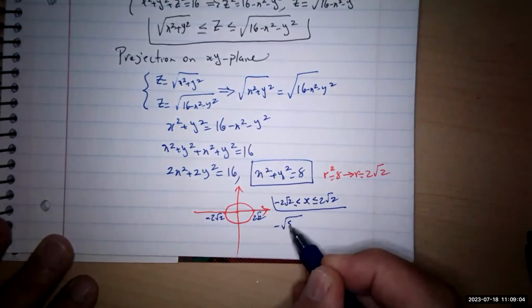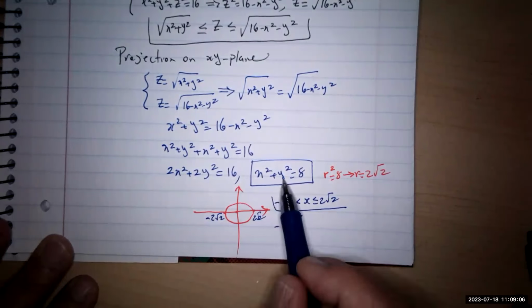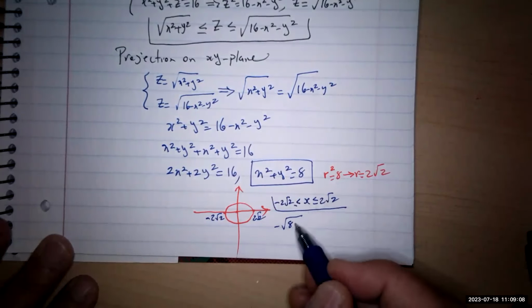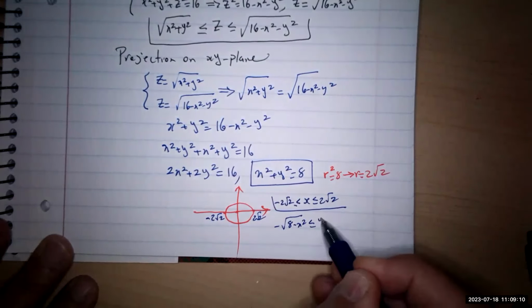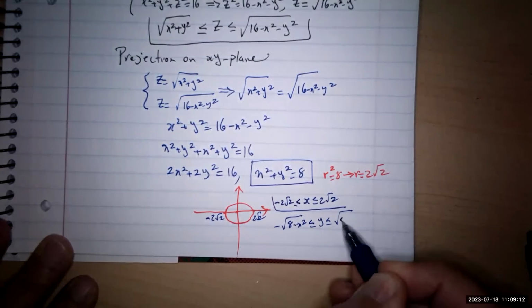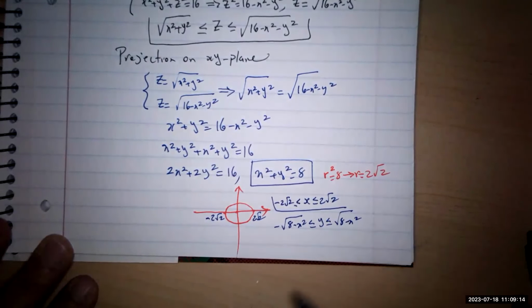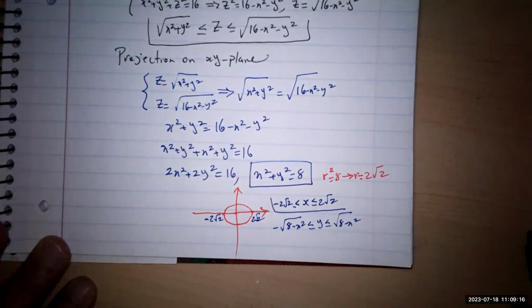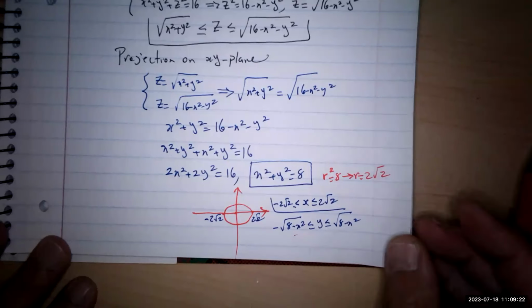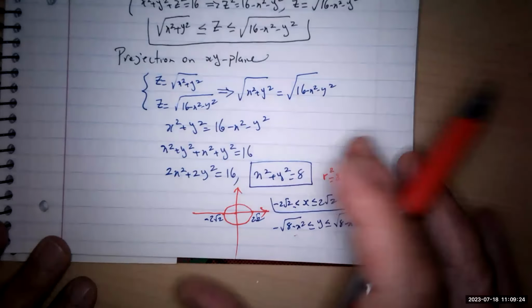So this is going to be the square root of 8 minus x squared, and negative the square root of 8 minus x squared. So if you want to stay with the rectangular coordinates that you have so far, this is it. Any question? So we projected it in two dimensions.